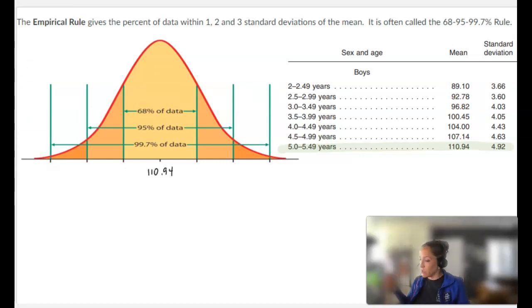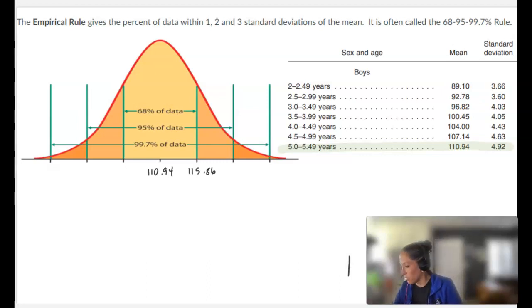Then as I move to the right, I'm just going to add standard deviation. So I take that 110.94 and add 4.92 to that. So this next value is 115.86 centimeters.